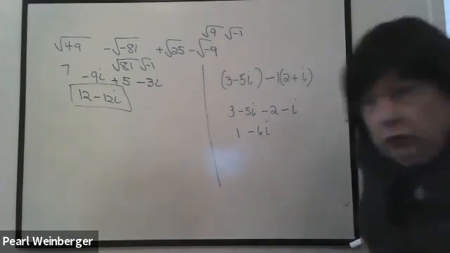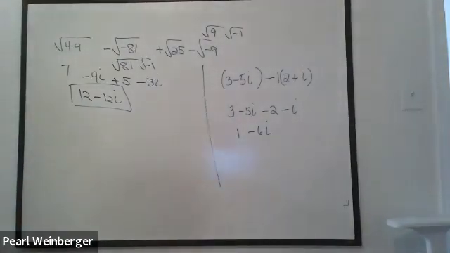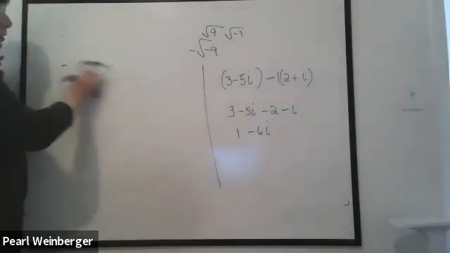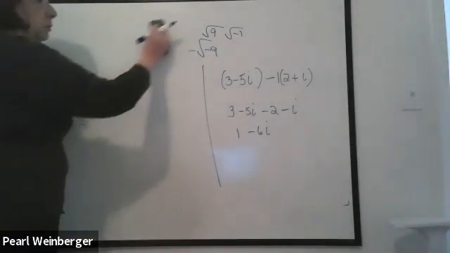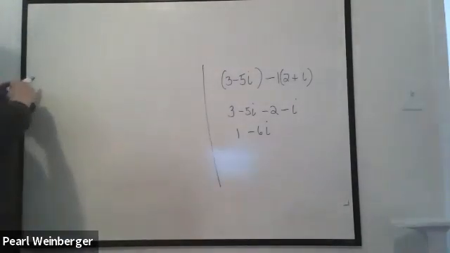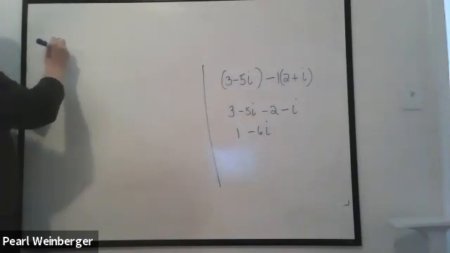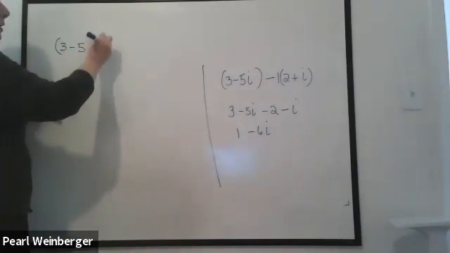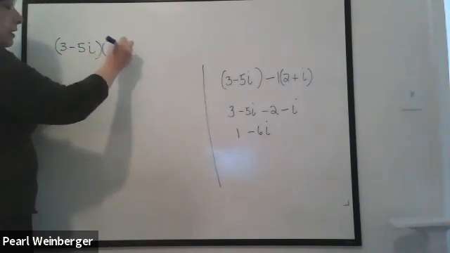What happens when we want to multiply complex numbers? So let's take two complex numbers and try and multiply them. Let's say 3 minus 5i and multiply it by the 2 plus i.